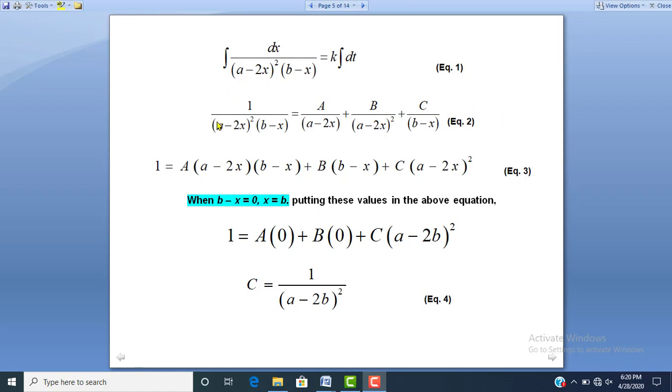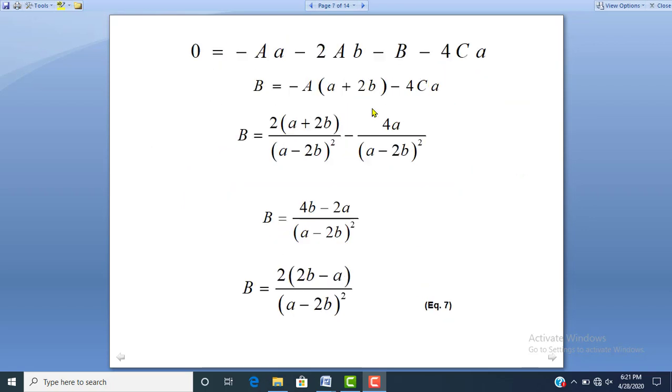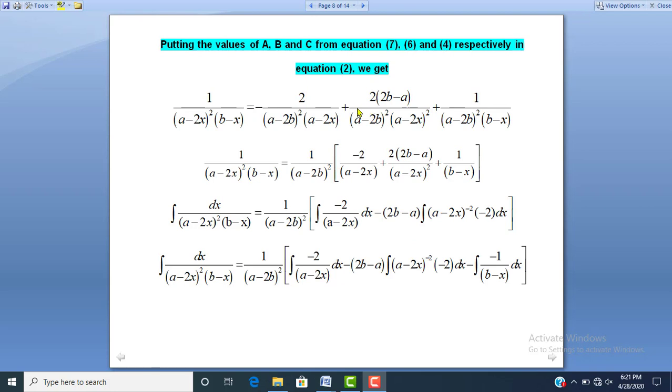So in equation number 2 where a, b and c have been written, we will take the values from equation 4, equation 6 and equation 7. So putting the values of a, b and c from equations 7, 6 and 4 respectively in equation number 2.